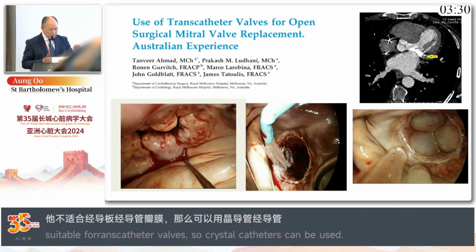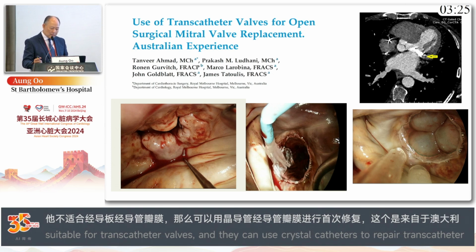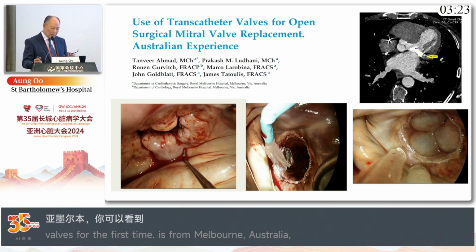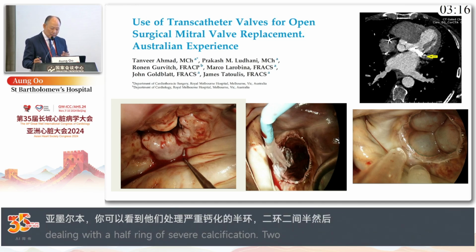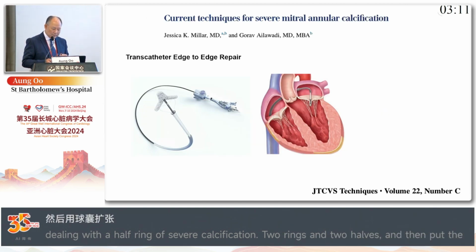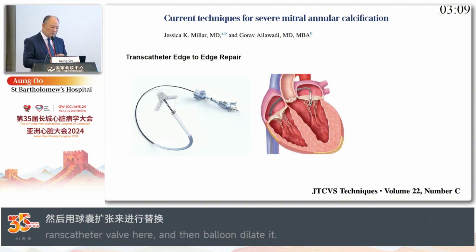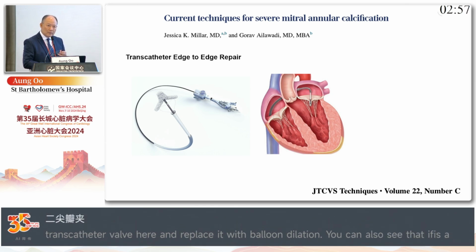This is the first one, from Melbourne, Australia. There you can see the severely calcified mitral annulus, with a transcatheter valve put in during open surgery under cross clamp, a balloon expandable valve replacing it. Also, if you have severe MAC but the leaflet is reasonable and suitable, you can consider using MitraClip, and by doing that you have the benefit of repair.